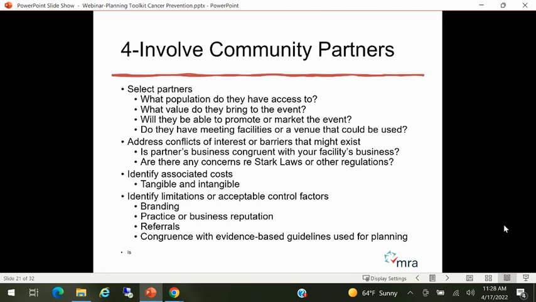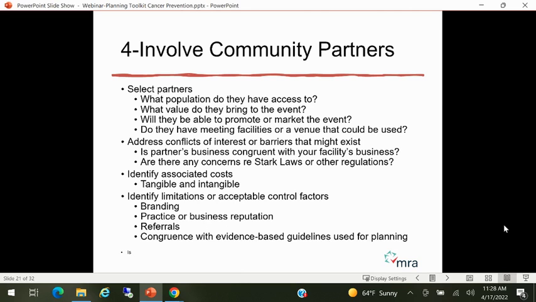Another good one is referrals. It's great to bring in community partners or some of our providers, but you want to make sure that they're actually referring patients to your facility and not to your competition down the street. Are your partners in congruence with the evidence-based guidelines that you're using?